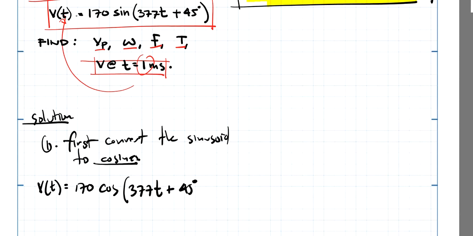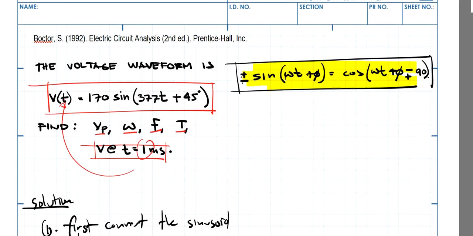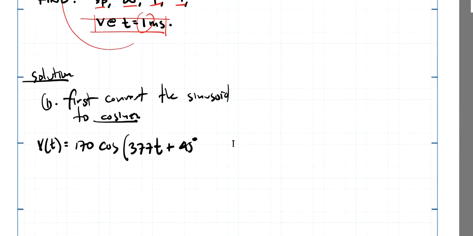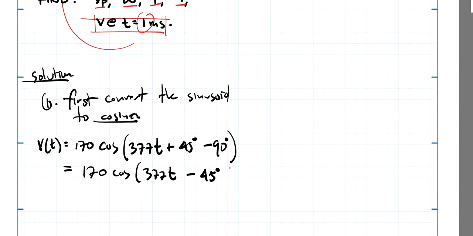We see here it's positive. So if it's positive, then we have to subtract 90 degrees. So 170 cosine 377t, 45 minus 90, that's going to be negative 45 degrees. So that's our sinusoid in terms of the cosine function.